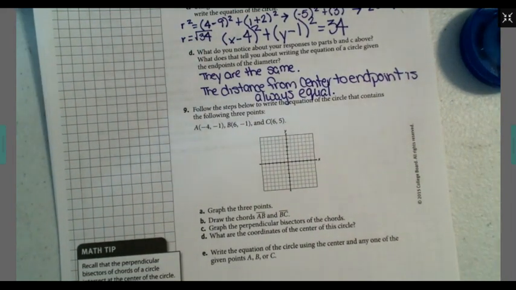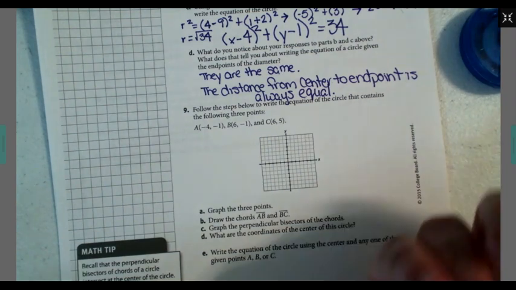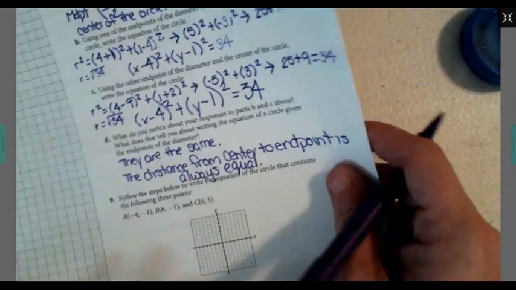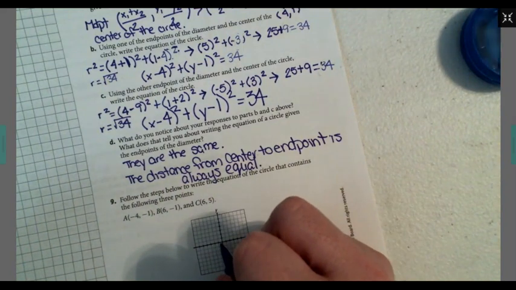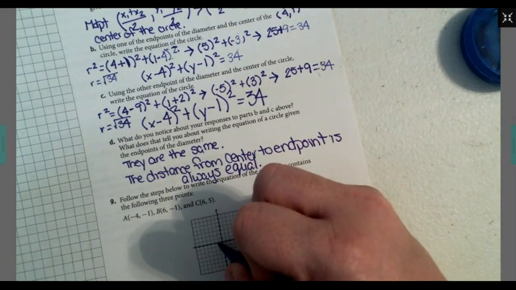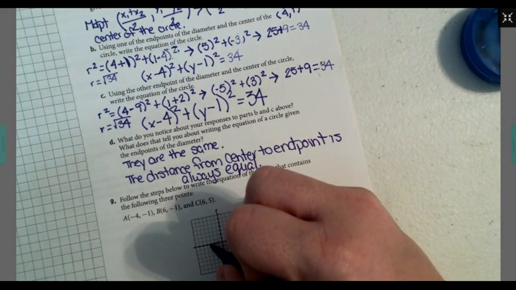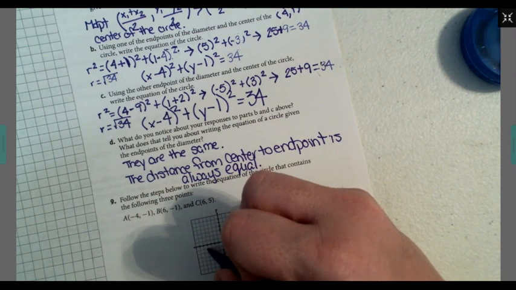Follow the steps below to write the equation of the circle that contains the following 3 points: (-4, -1), (6, -1), and (6, 5). Graph the 3 points. That's the first step. Okay. Well, we've got -4, so 1, 2, 3, 4, -1.